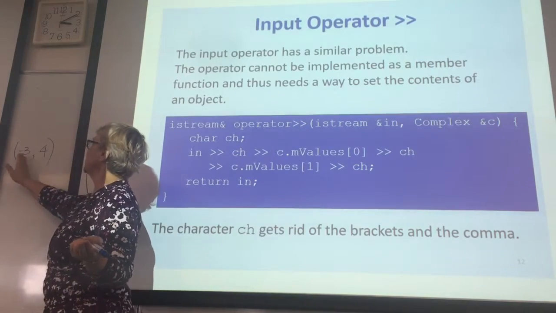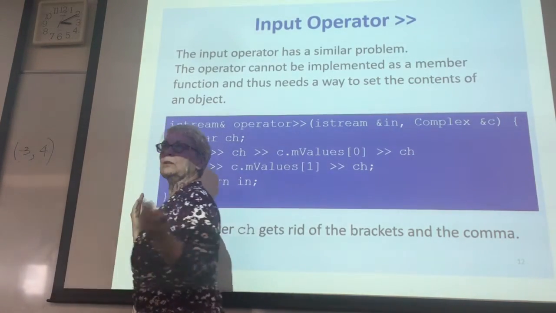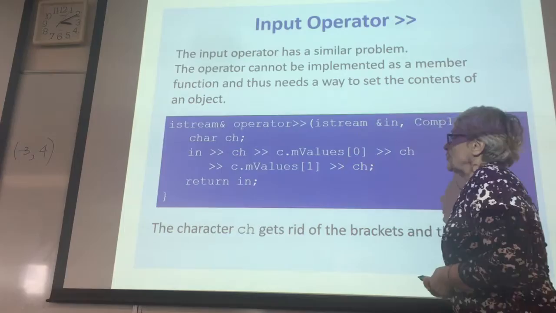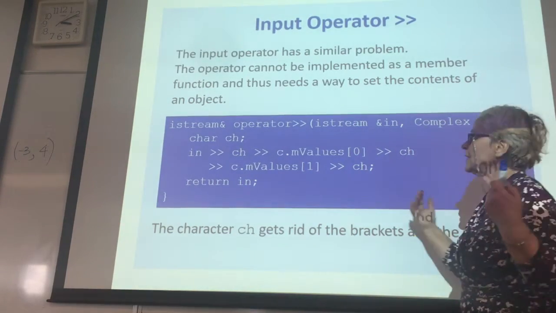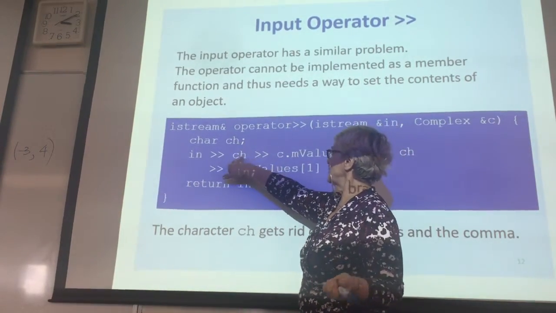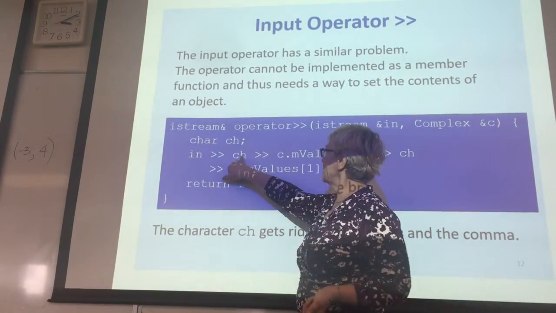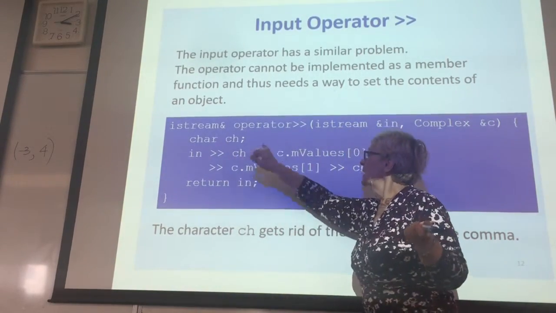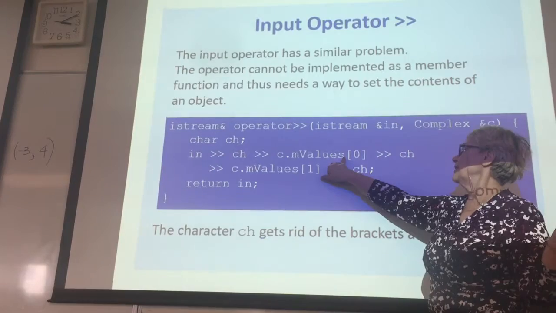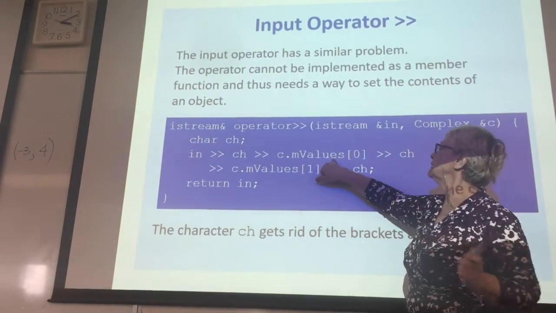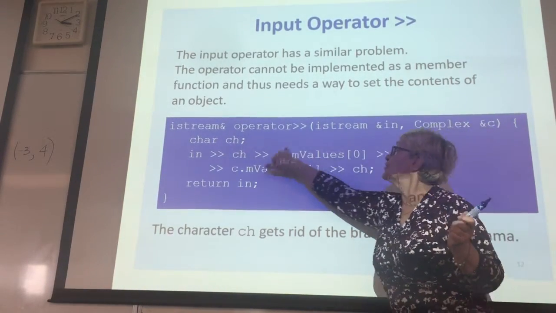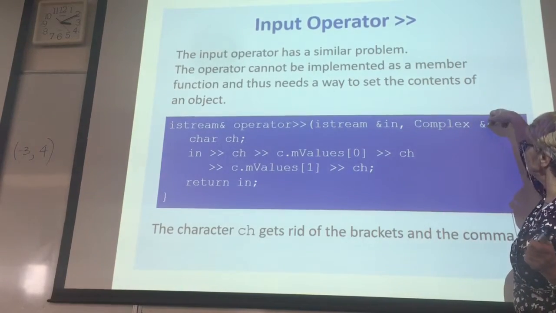And we just store these 2 values because we are interested in the real and imaginary part. So we expect here that bracket, which is ignored, and then the first value, the number which is the real part, is stored in here.